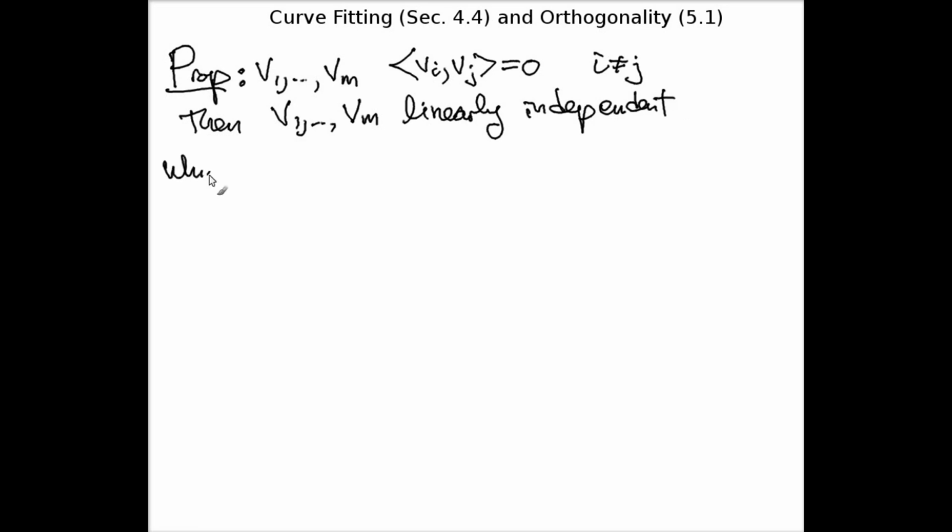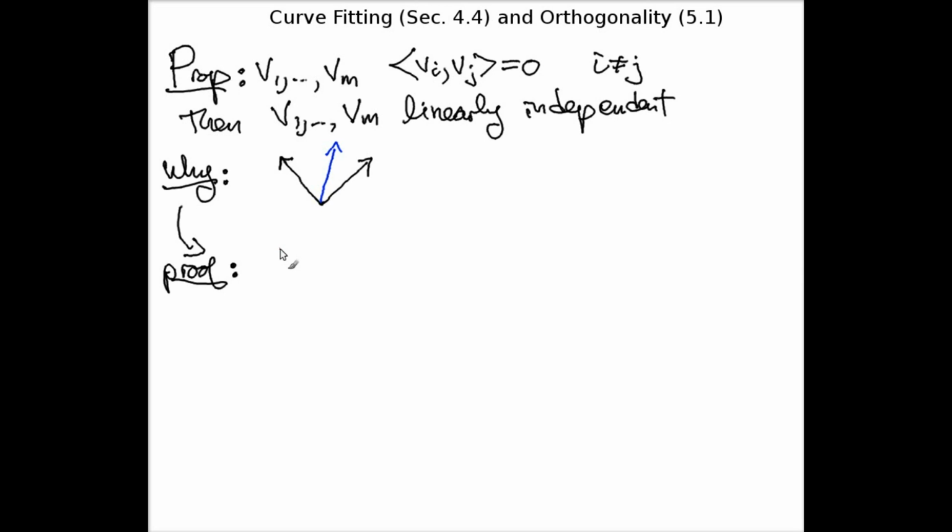If you draw a picture, it's sort of clear. If you have two orthogonal vectors, they're pointing in different directions. And then if you had a third vector in R3, that's in yet another direction, and so on. They point in different directions, so they're linearly independent. But let's give a more formal proof than that, because it's quite easy.